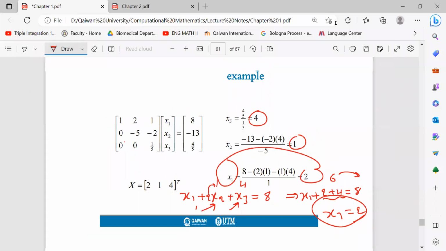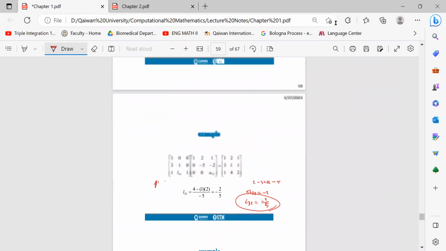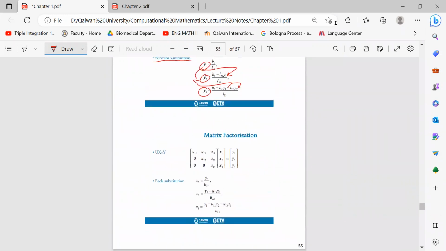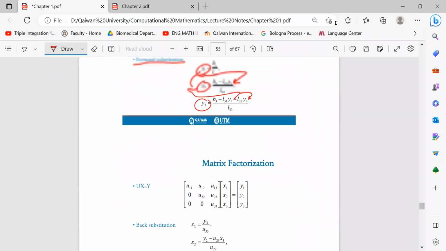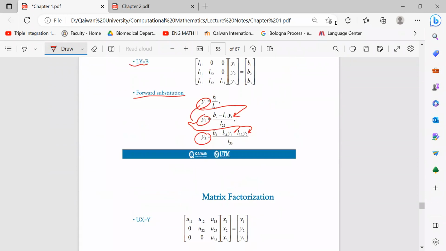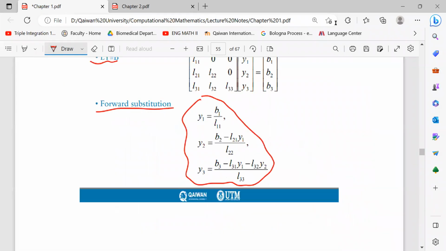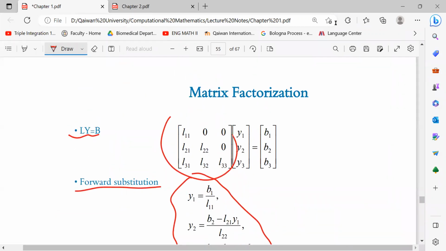It's the value. Look, in these last two steps that I used, what could you do? You could use these three equations for finding y1, y2, and y3. This is L times y equals b.